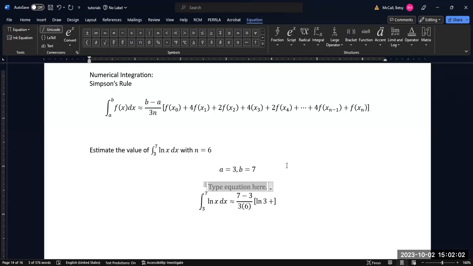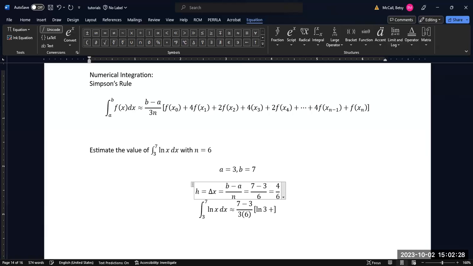So recall that h, or delta x, the spacing between our observations, is going to be b minus a over n. So in this case, that's 7 minus 3 over 6, or 4 over 6, which is 2/3.